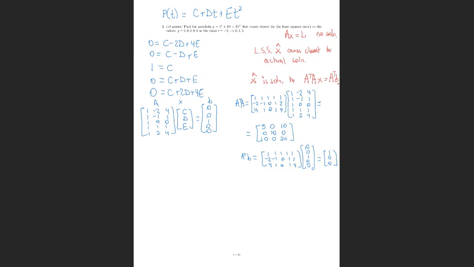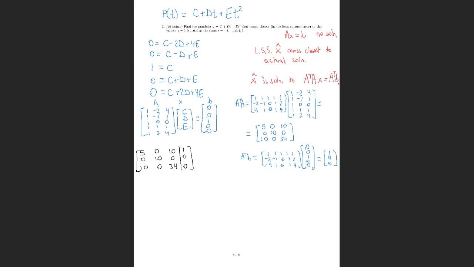We can solve that system of equations by setting up the augmented matrix. So here's A transpose A. I'm going to augment it with the right-hand side, A transpose B. And then we just want to try to solve this system of equations now.